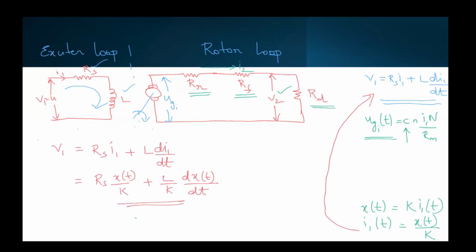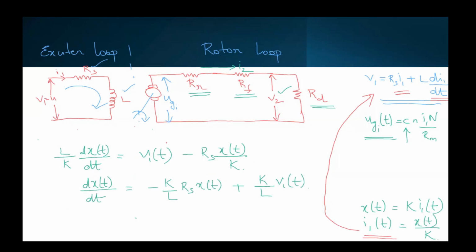After substituting I1(t) in this equation of V1, we will get Rs into x(t) divided by k plus L by k dx(t)/dt. Taking dx(t)/dt to the left side and V1(t) to the right side, we will get this equation: dx(t)/dt equals minus (Rs/L) x(t) plus (k/L) V1(t). V1(t) is nothing but our input u.